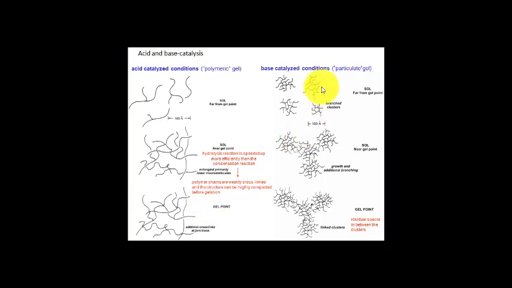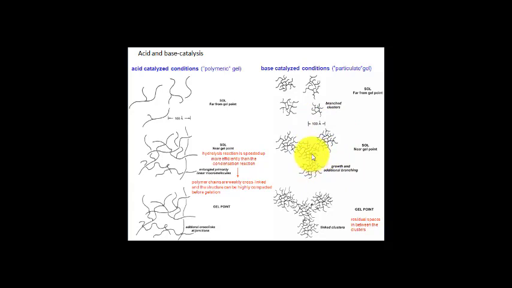In base catalyzed condensation where particulate gel is formed, first of all we have branched clusters. They are far from the gel point, it is actually sol, and after that growth and additional branching occurs.